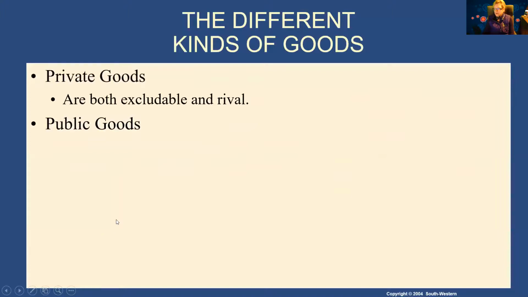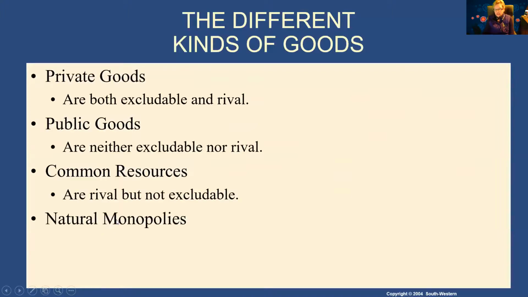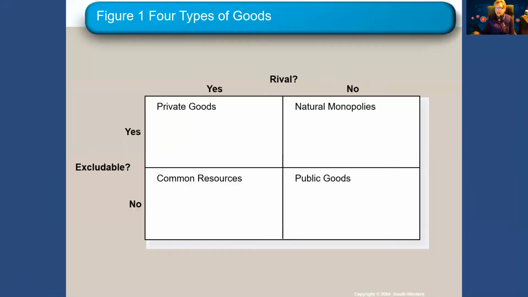Okay. So again, here's how we summarize these. And what we like to do is look at it in a graph situation. So we're going to ask, is it rival? Yes or no? Is it excludable? Yes or no? And then we classify these according to each.